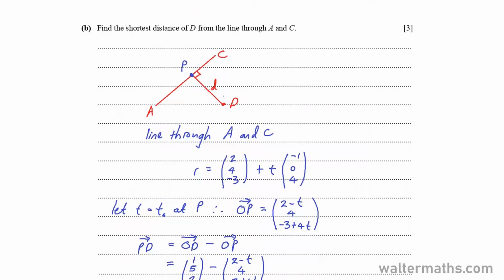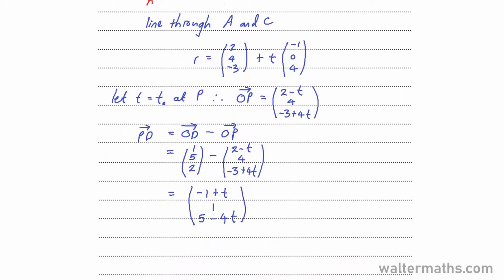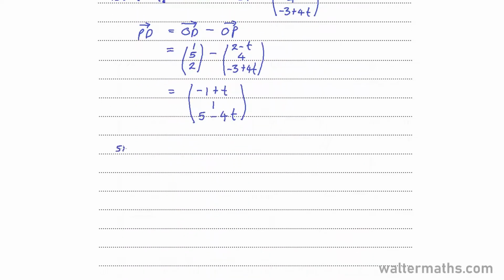Now PD is perpendicular to AC. So let's write that down. Since PD is perpendicular to AC, then we can do the dot product, because we know that perpendicular vectors have their dot product equal to 0.